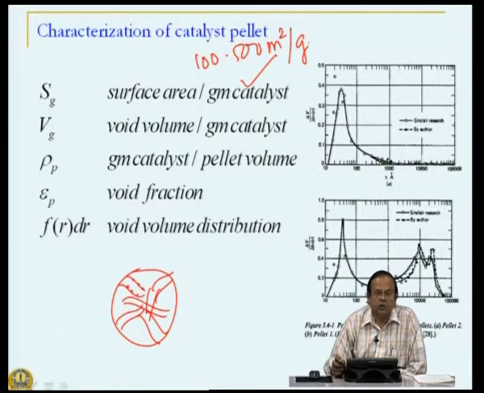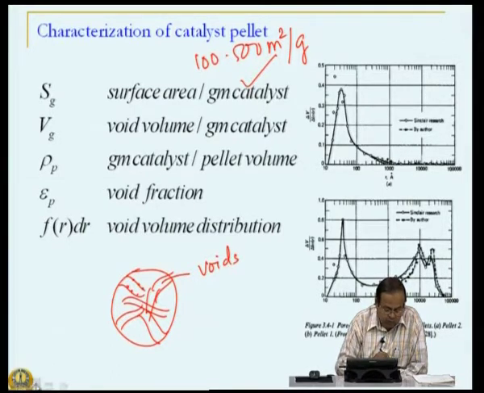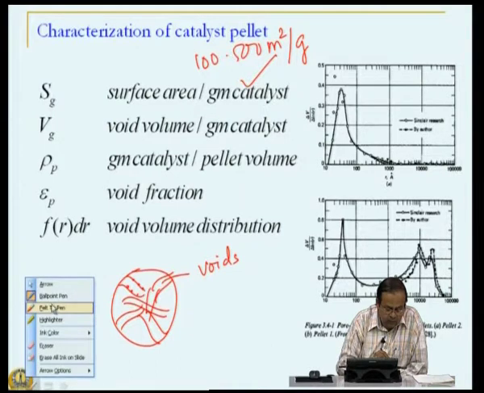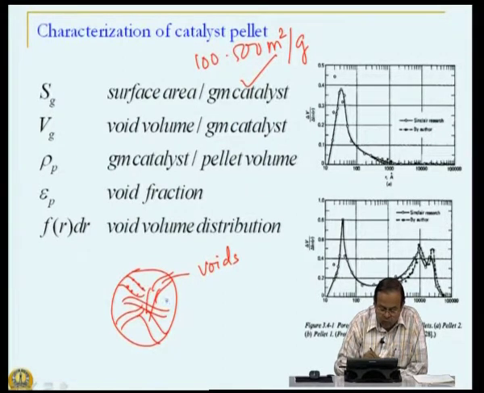The second quantity of interest is, as you will realize, that this particle which we have shown as a spherical particle is not an all solid block. It consists of voids through which the gas will flow, and the solid material. So, we have voids, and then we have the solid material.